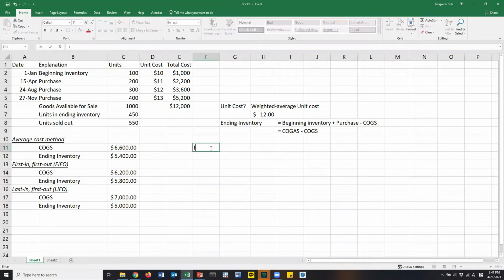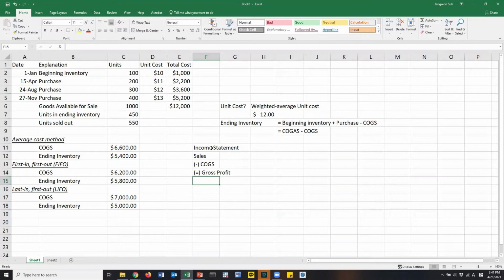In the income statement, you have sales and cost of goods sold, and then you have gross profit, and then you subtract operating expense, others, and income tax and the like.